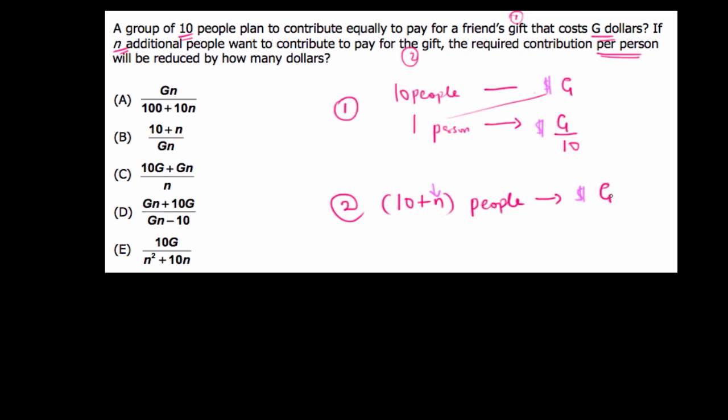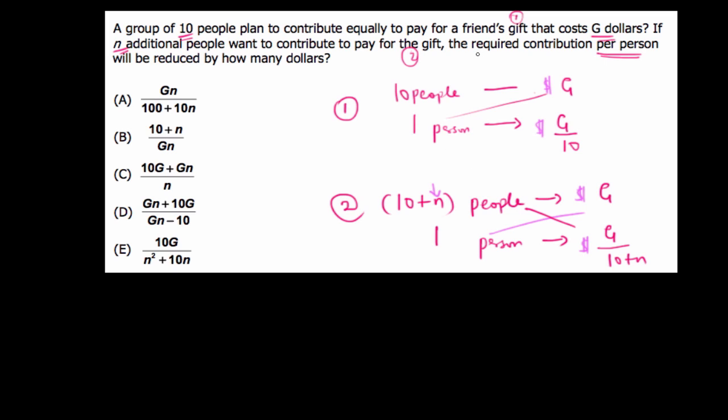Since the contribution has to be equal, one person will have to pay, similarly to what we did before, 1 times G, which is G divided by 10 plus n dollars.